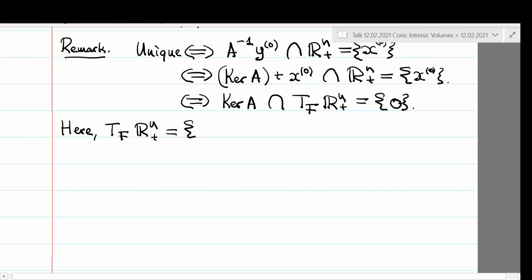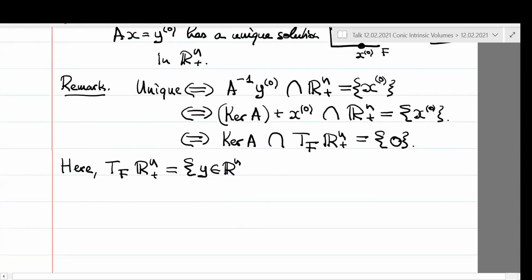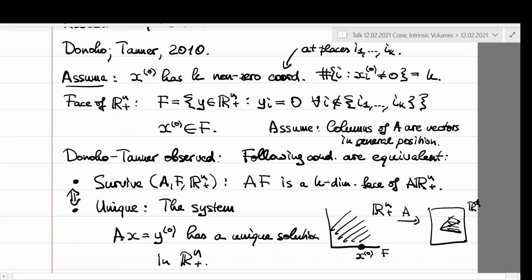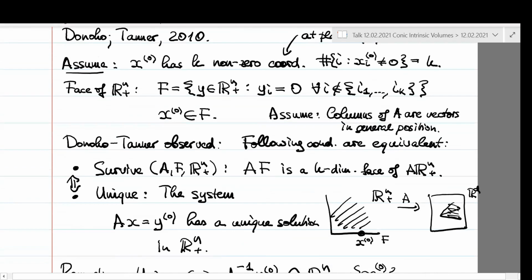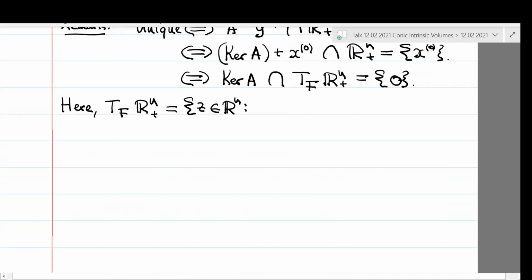is the following cone. It's a convex cone. It consists of all directions z, such that if we start at x0 and look in direction z, then we look inside the cone, Rn plus in this case, for some epsilon greater than 0.